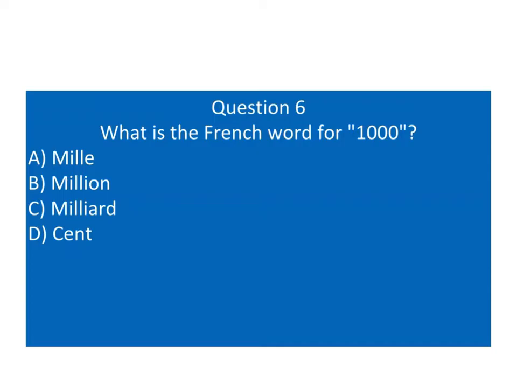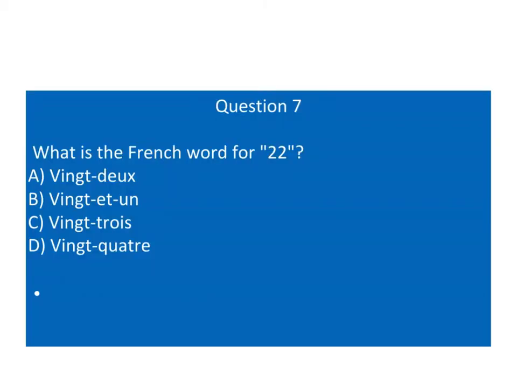Question 6. What is the French word for 1000? A. Mille. B. Million. C. Milliard. D. Cent. What is 1000? So 1000 in French is mille. Question 7. What is the French word for 22? A. Vingt-deux. B. Vingt et un. C. Vingt-trois. D. Vingt-quatre.